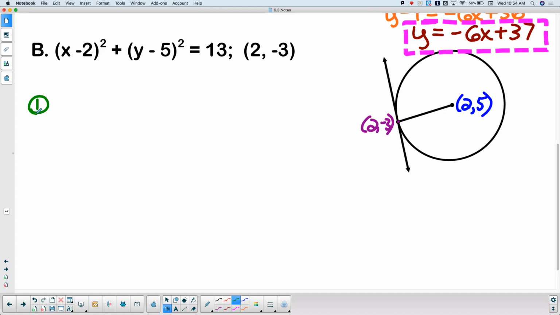So why is his 0 on top and your 0's on the bottom? You put your y's on the top. He put his x's on the top. Remember, Boo. Rise over run is y's on top. So 5 plus 3 all over 2 minus 2 gets me 8 over 0, which is undefined, right?